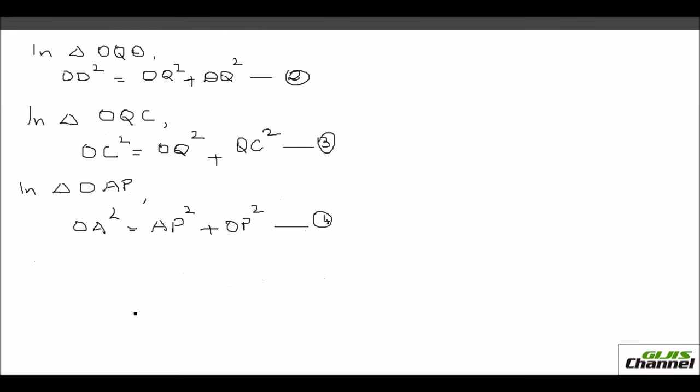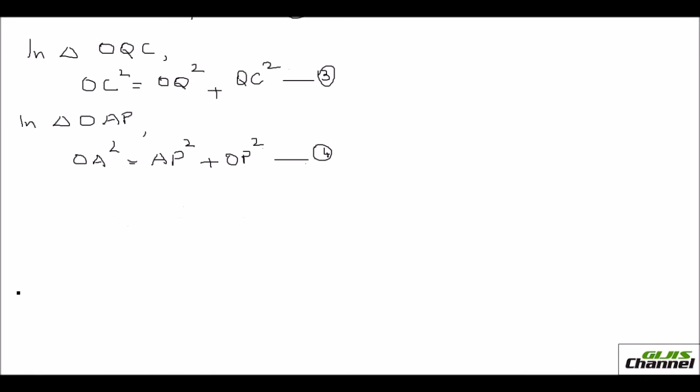Now what we are going to do is add 1 and 2, okay? This is so simple. You just directly end up with the answer. It is 1 and 2, because in 1 and 2 you have OB and OD, right?